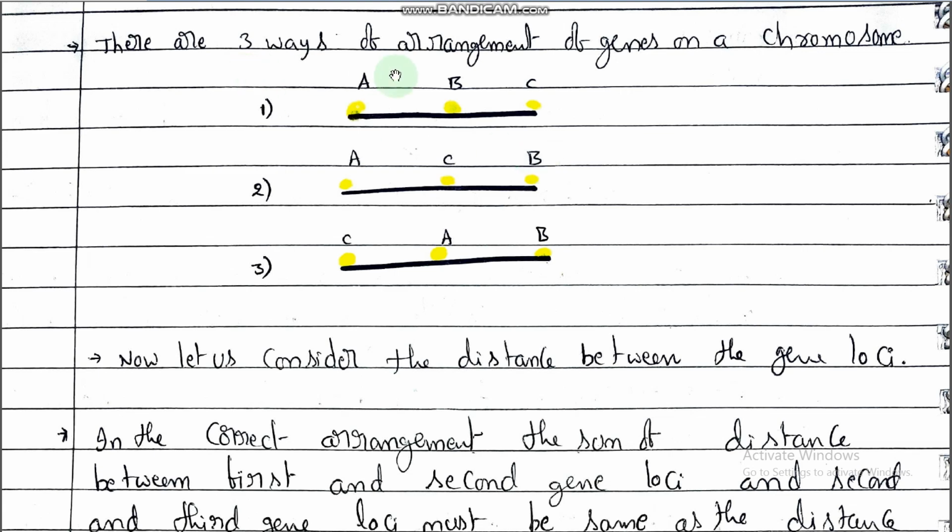Here you should remember the distance between genes is the same; only the genes are changed. Three types of arrangement of genes on a chromosome.